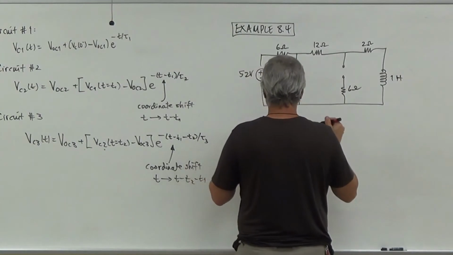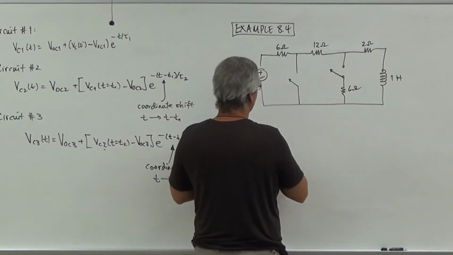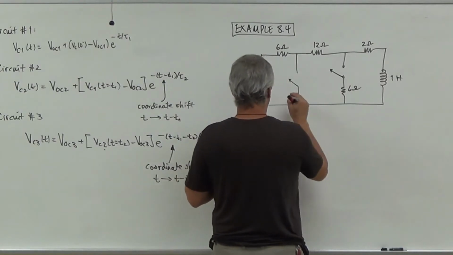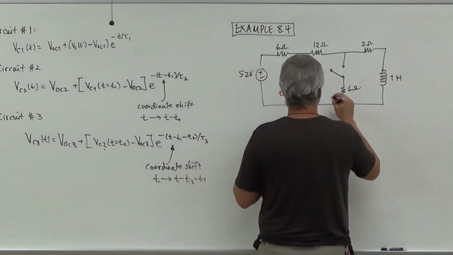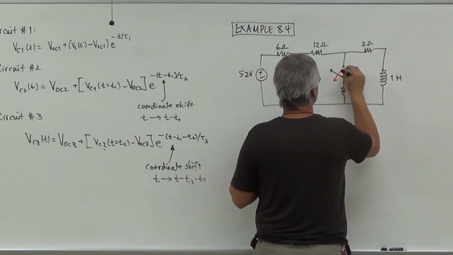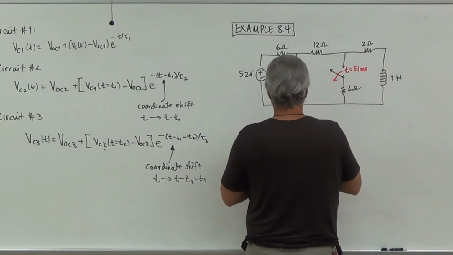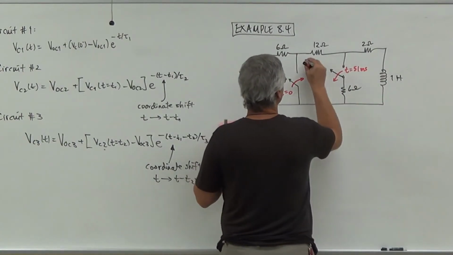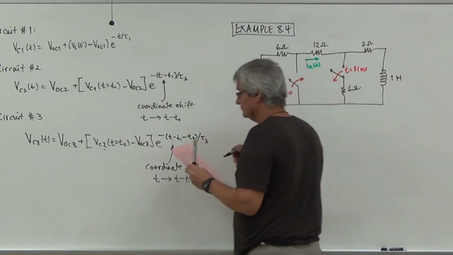I have two switches. The first switch closes at t equal to 0, and then I have a second switch that closes at t equal to 51 milliseconds. Our goal here is to determine this current, I12, as a function of t.